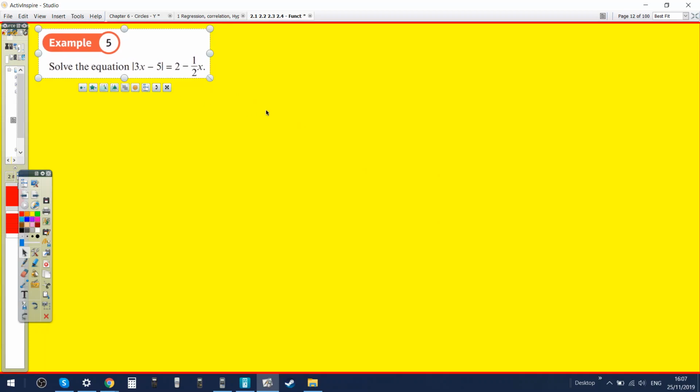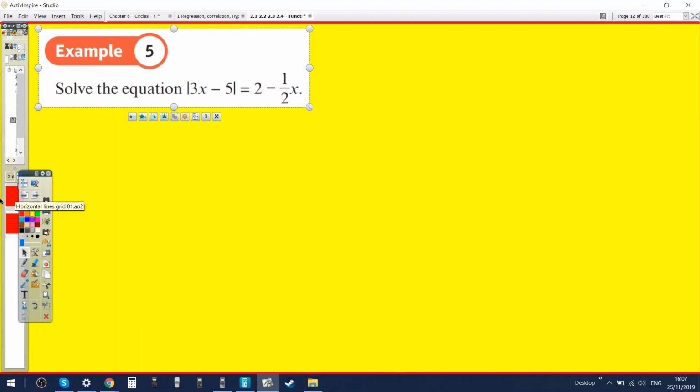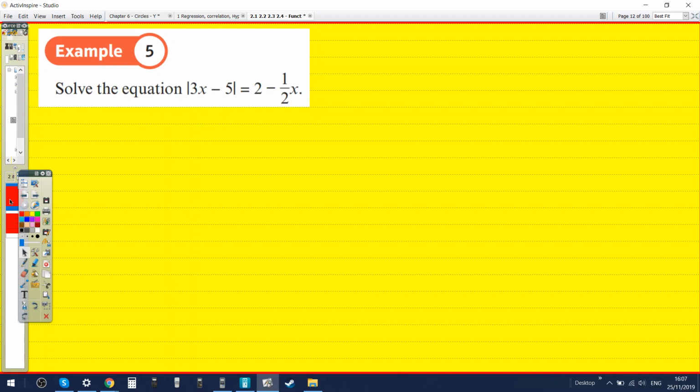Okay, so how do we do this one? Like remove the modulus brackets. So one of them would be the 2 minus a half x.